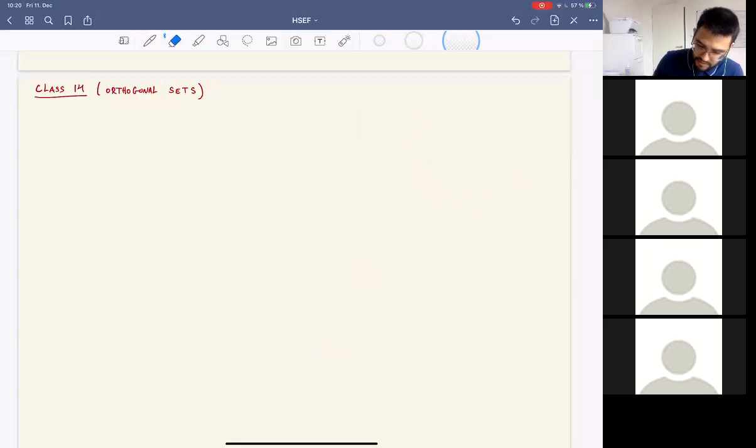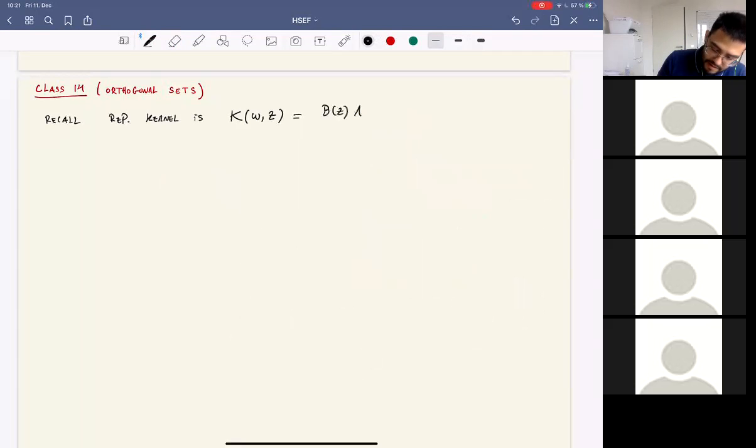Great. So let's start. I just want to first start with an observation. So let's recall what the reproducing kernel is. The reproducing kernel is K(w,z) equals (B(z)conj(A(w)) minus B(w)conj(A(z))) divided by pi(z minus w bar).